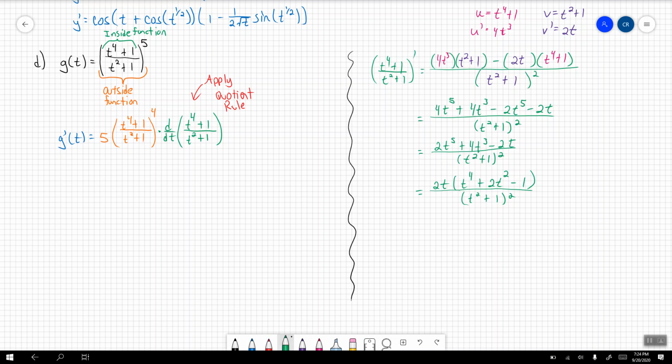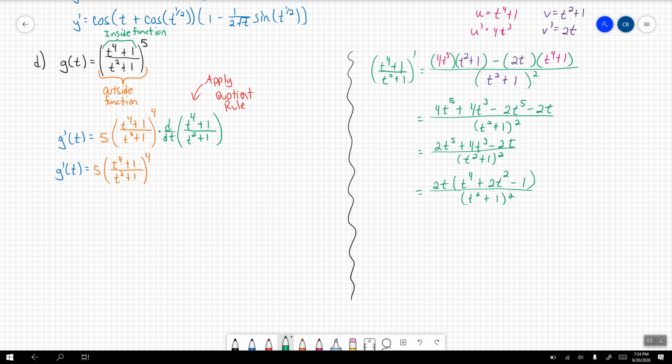So now I'm going to make that substitution here. So let's go through. We still have g prime of t is equal to, and I want to keep making sure that I'm using these derivatives, 5 times t to the 4th plus 1 divided by t squared plus 1 to the 4th power.